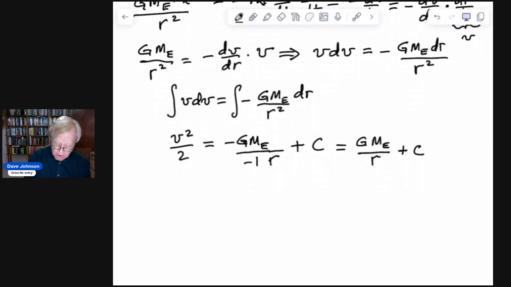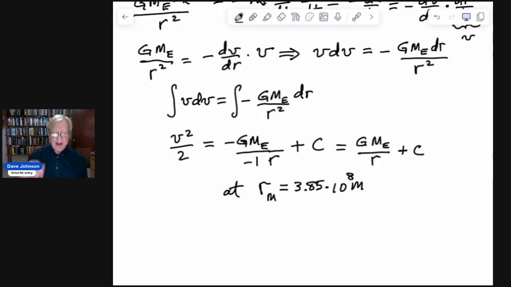Well, let's assume that at r moon, and I have the number for that, it's about 3.85 times 10 to the 8th meters. And so I'm just going to use r sub m for that. That's the average distance of the moon from the Earth. And so if we plug that in to r, the v at that point should be 0.